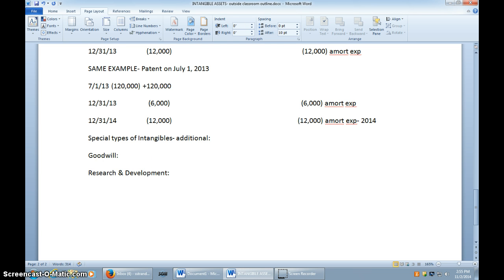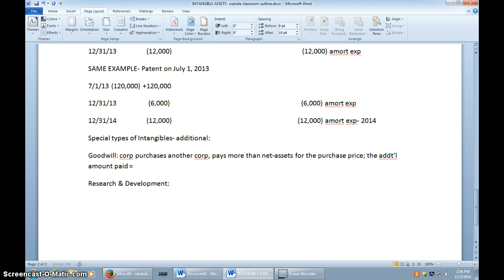Goodwill happens when a corporation purchases another corporation and pays more than the net assets for the purchase price. The additional amount paid equals goodwill.